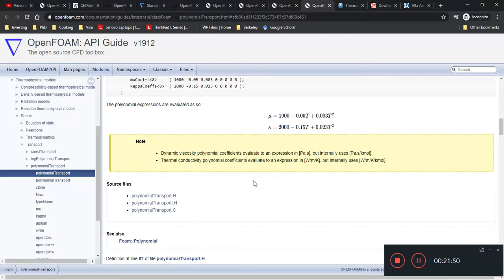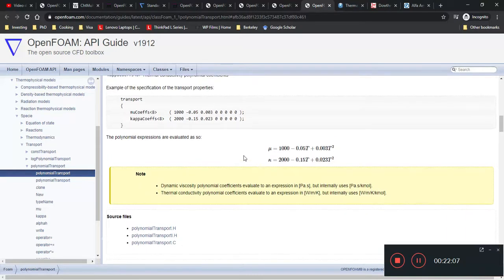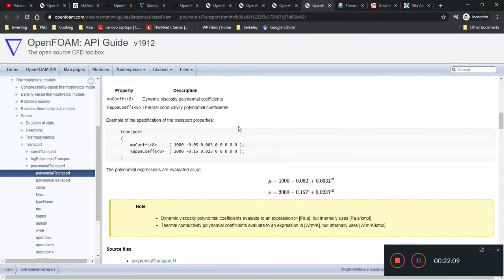in as such. So dynamic viscosity polynomial coefficients. It's used to evaluate the expression in Pascal seconds, but internally it uses Pascal seconds per kilomole. So that one we can deal with later. But just know that it gives you pretty much the SI units that you want.